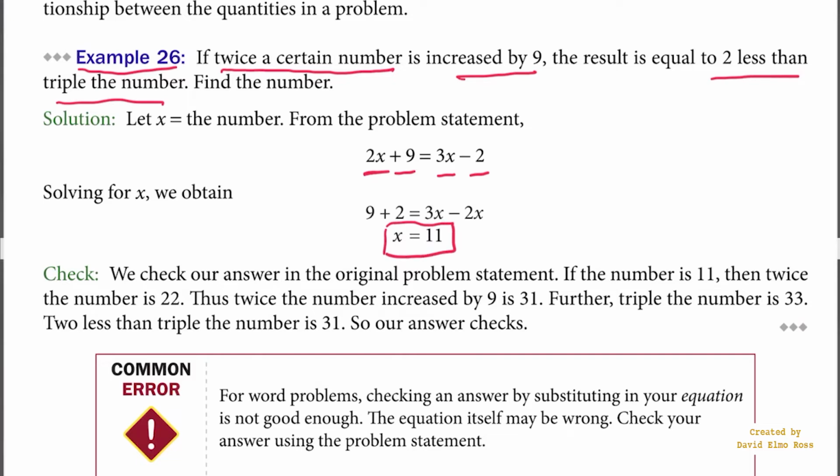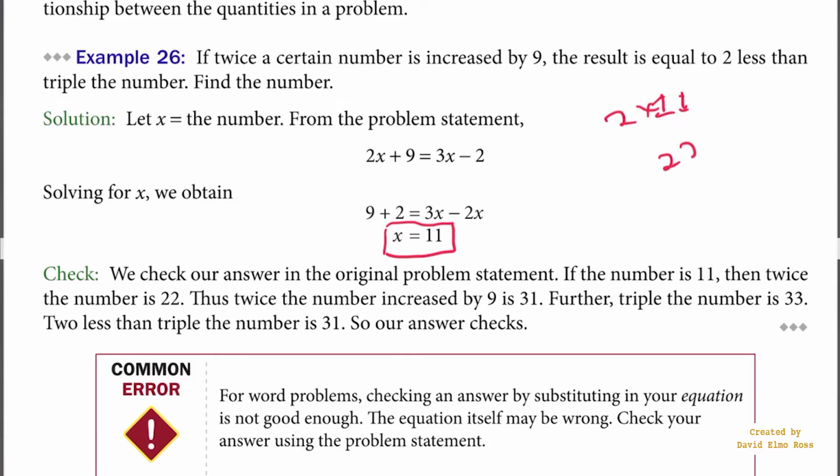Twice a certain number. So twice the certain number, if it's 11, times 2 is 22. Is increased by 9, so let's add 9, so that's 31. So that's our left side. Then triple a number, so if we take 33 and we subtract 2, we get 31. So these two are identical, and therefore our solution does work.